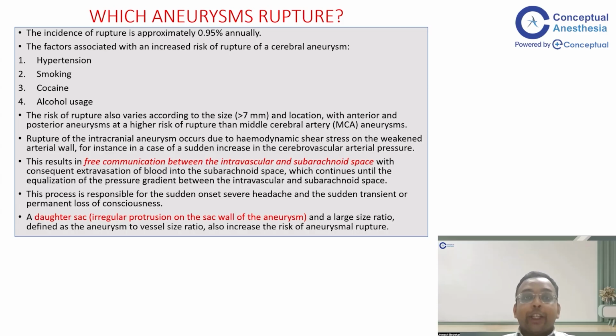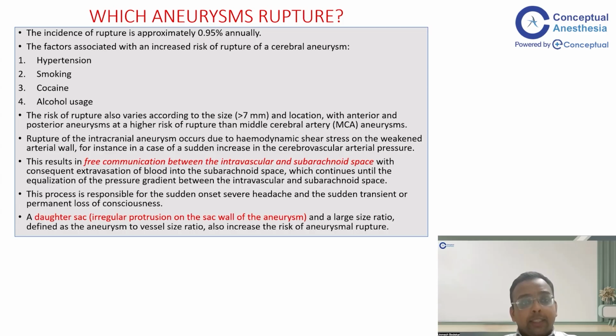There is free communication between the intravascular space and the subarachnoid space, with consequent extravasation of the blood into the subarachnoid space, which continues until there is equalization of the pressure gradient between these two compartments, namely the intravascular space and the subarachnoid space.